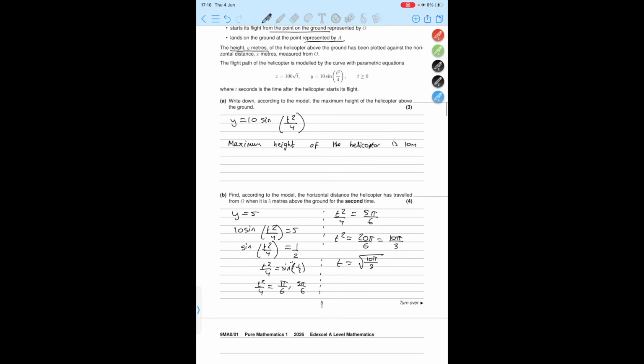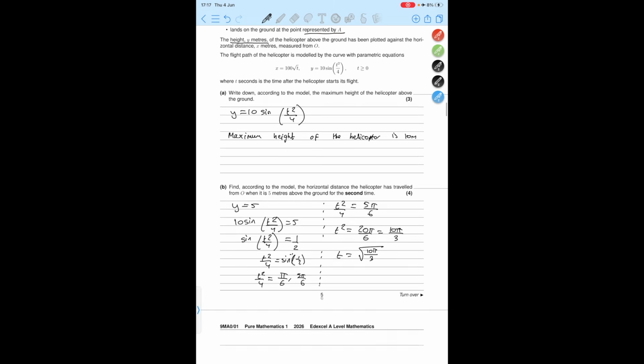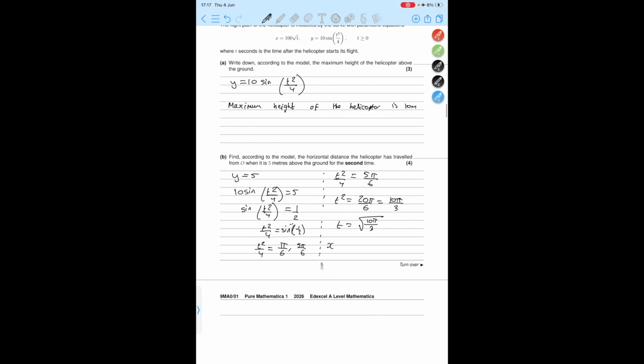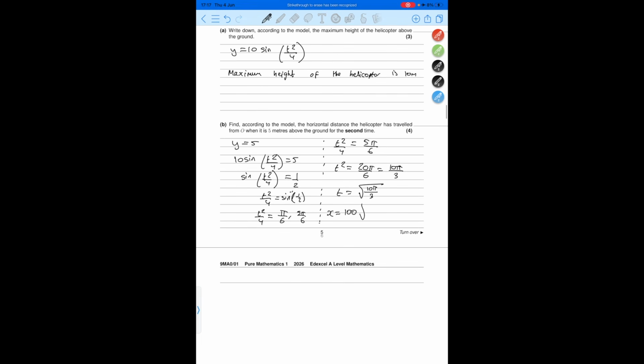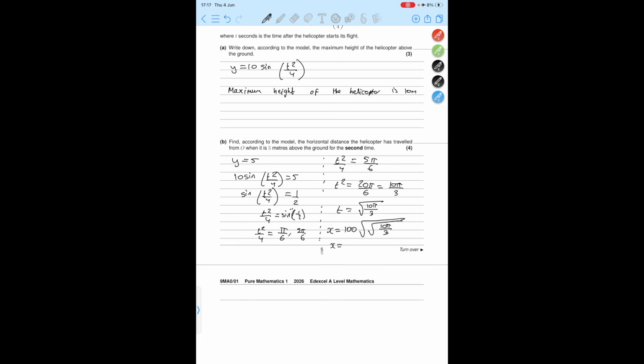Now, if we're trying to find the horizontal distance, okay, that is going to be x is equal to 100 of root 10 pi over 3. Sorry, let me write that so it's a bit clearer. So x is equal to, I believe, I hope this is right, 100 times 2 roots 10 pi over 3.